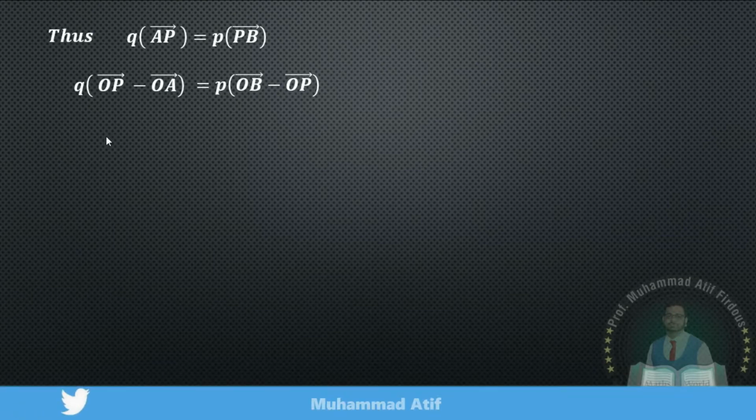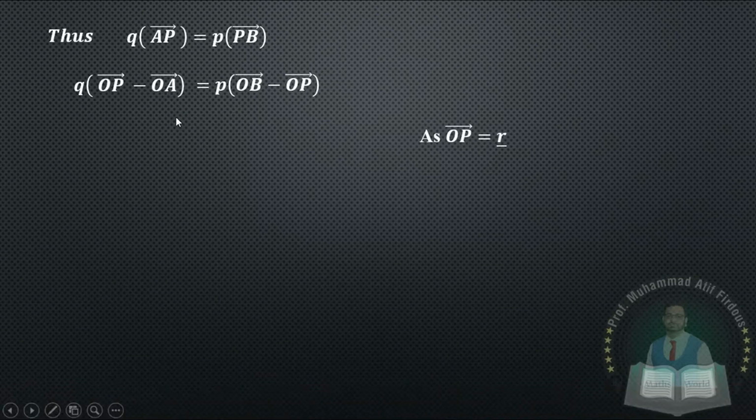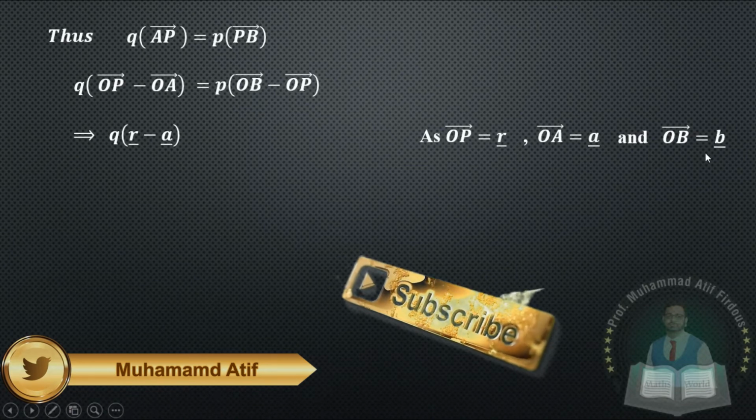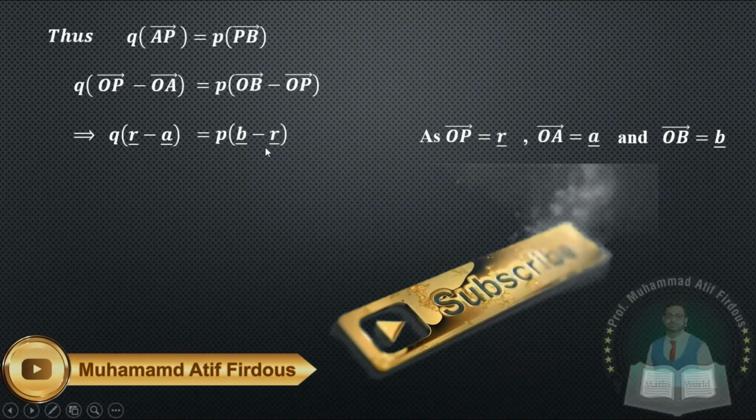And what was the value of OP, which we supposed in the last slide? Watch, OP is equal to r, and what was the value of OA? Okay, OA will be equal to a. So just replace the values of OP and OA in the left hand side. In the right hand side, what was the value of OB? Yes, OB is equal to b and OP is equal to r.